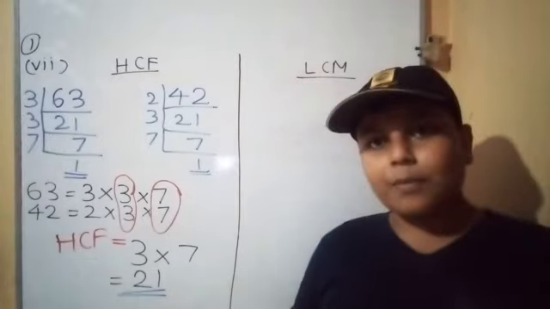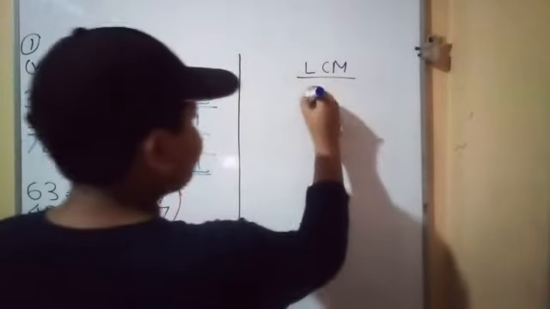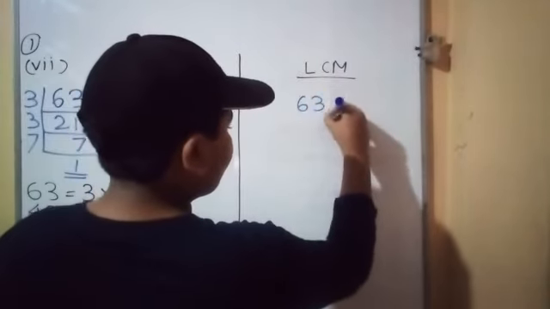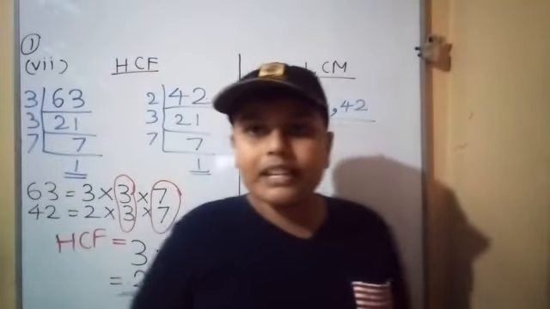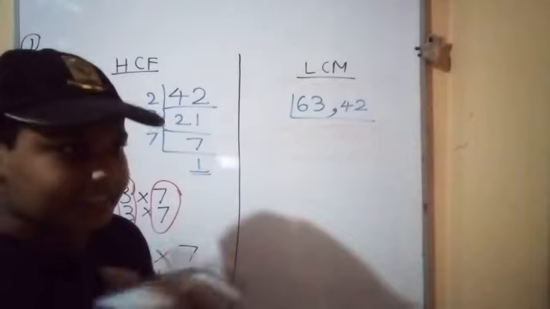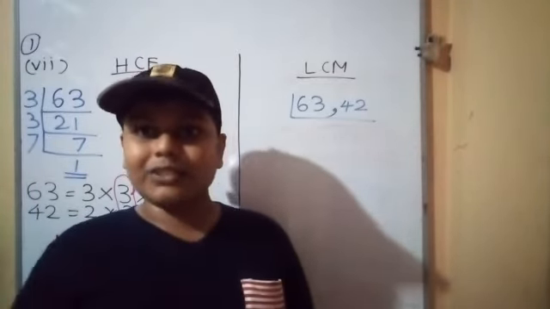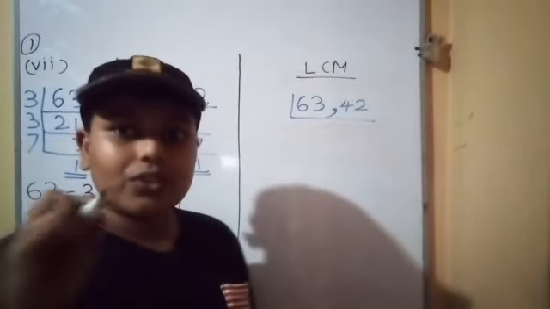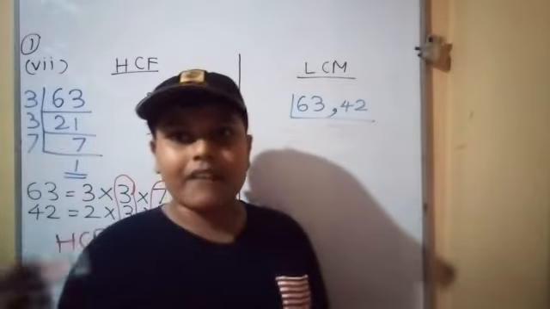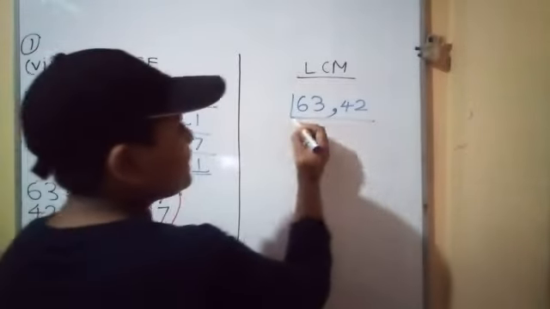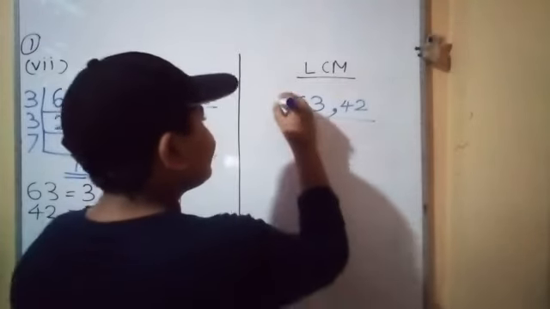So what is the least common multiple, that means the LCM? Let's write 63 and 42 with a comma between them and use the division method, dividing until we get 1 comma 1. 63 and 42 both divide by 3.